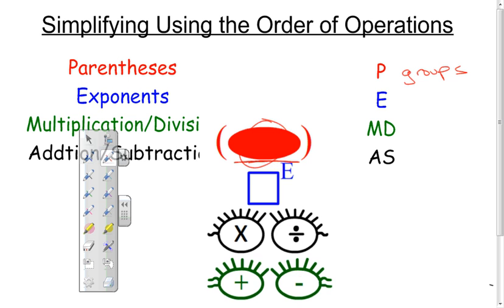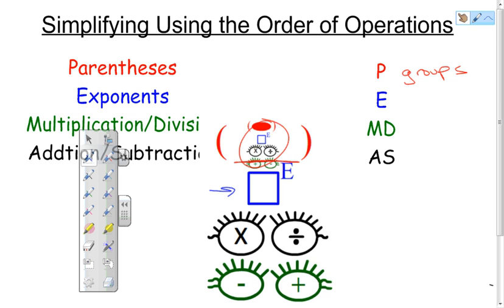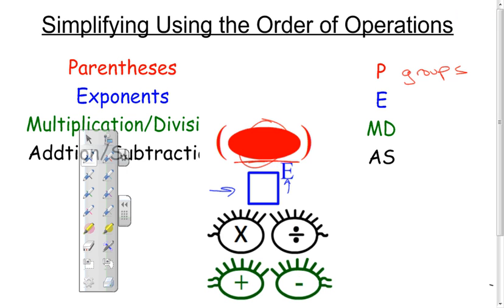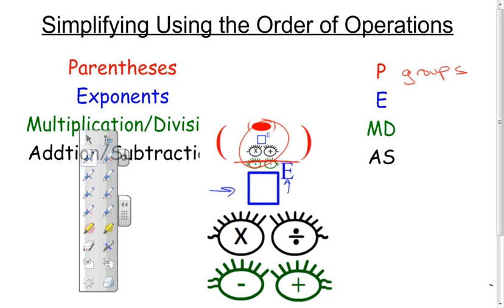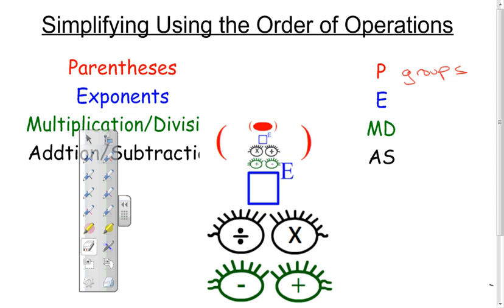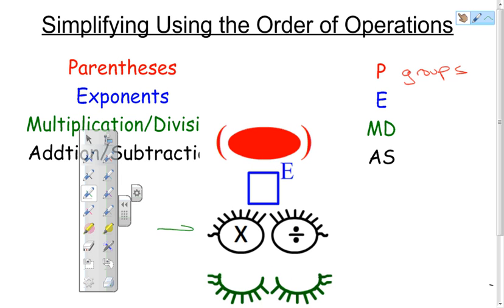So that's the idea of that. And then here, nothing too fancy, it says exponents, but it gives you an idea what an exponent is. It's the little number up there to the right of a number, which means raised to the power of that.